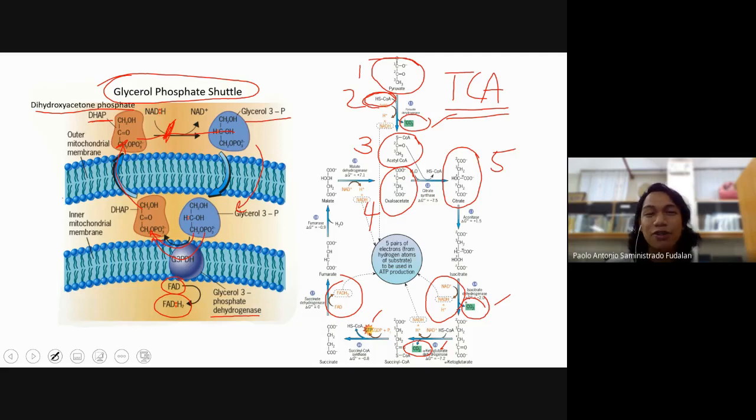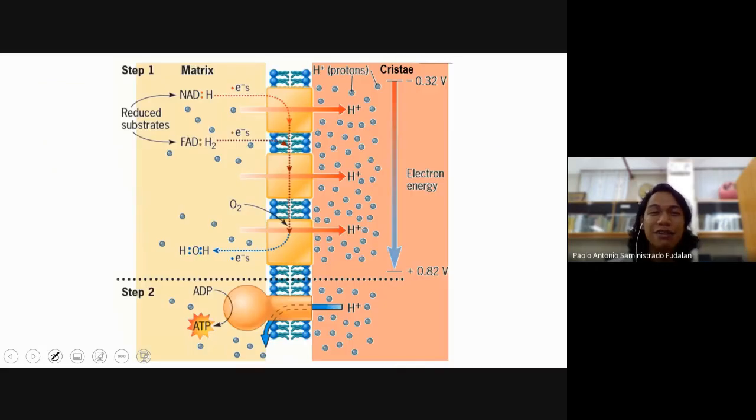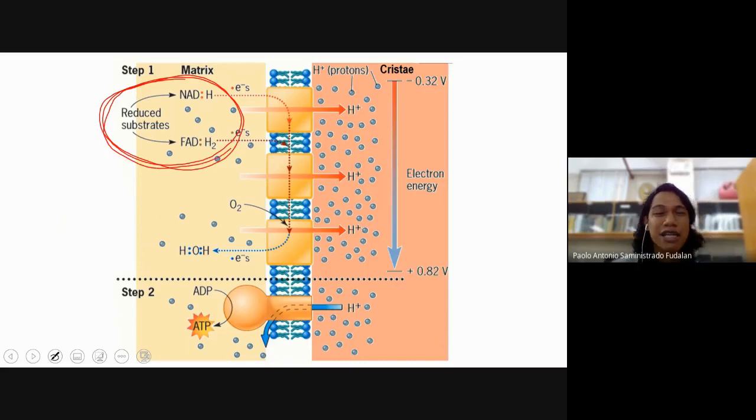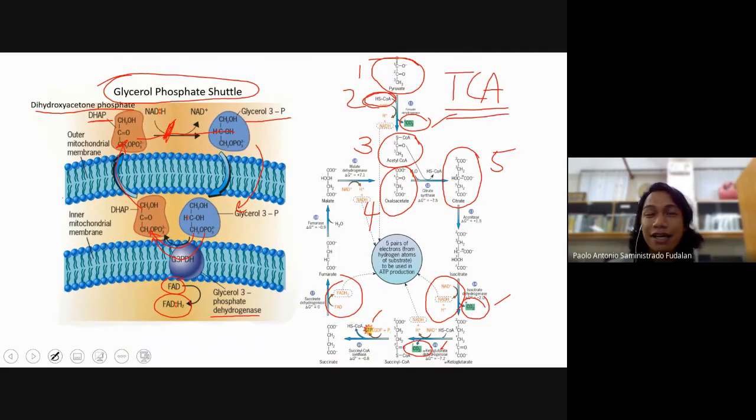So now that we have produced those two, we can now proceed to the electron transport chain. So we see here how NADH and FADH2 will actually give their electrons into the electron transport chain. Okay, but before that, if glycolysis happens in the cytoplasm, where does the TCA cycle happen? You look at this illustration.